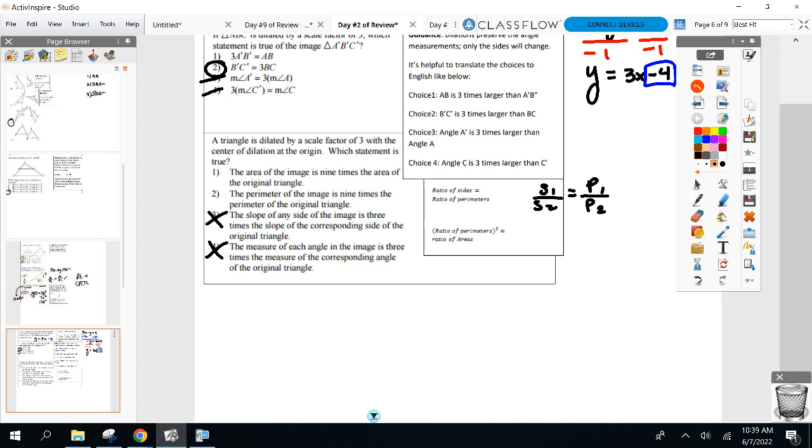But the area, it's a little different. Remember what we had to do for the sides? We had to do what to get to the area? Square them, yeah. So, if the sides are getting 3 times bigger, what about the area? 3 squared. The area is going to get 9 times bigger, right? Because the perimeters are, I'm getting there.